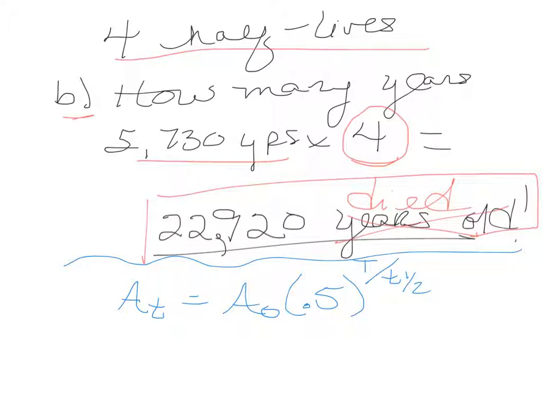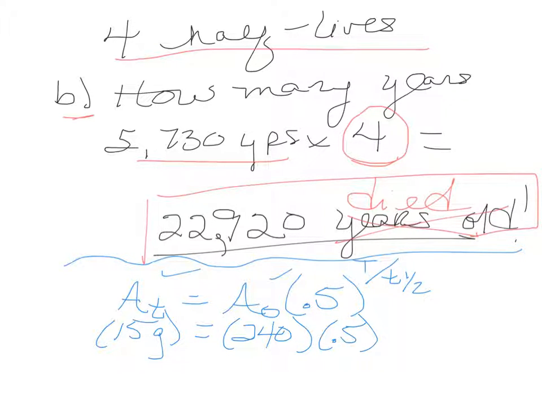This problem told us the original and the final amount. The final amount was 15 grams, and the original amount was 240 grams. And assuming that we don't know the 4 half-lives yet, we're going to assume this is new, we haven't worked any of this problem. And so this problem is asking us how many half-lives.